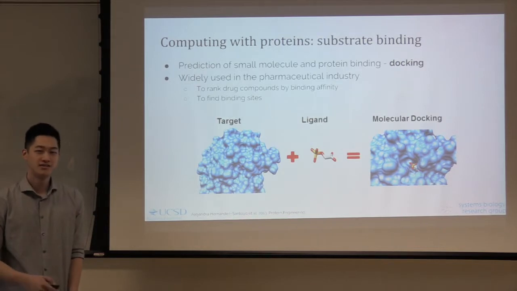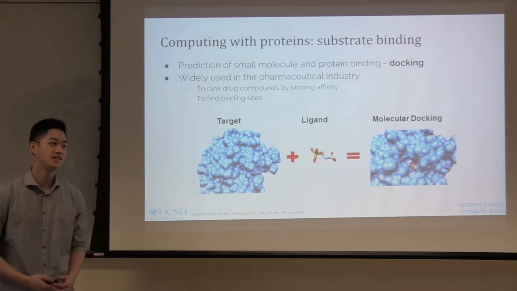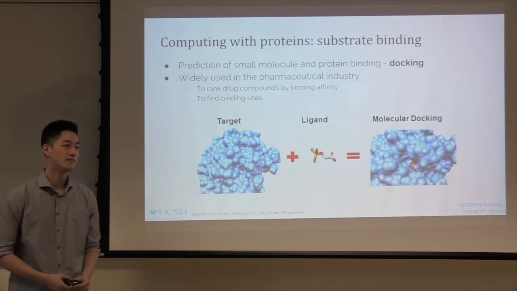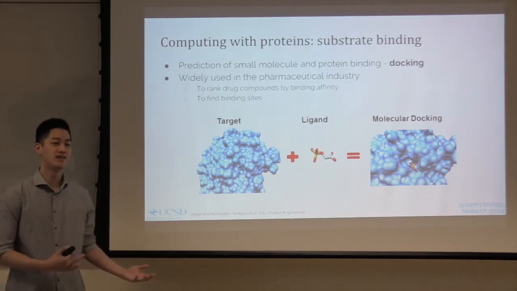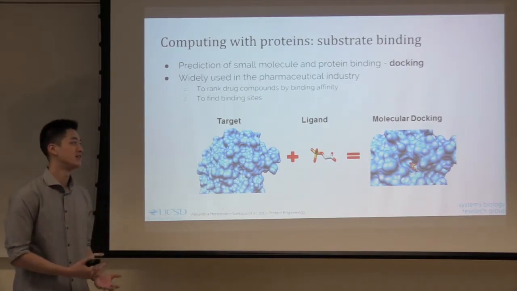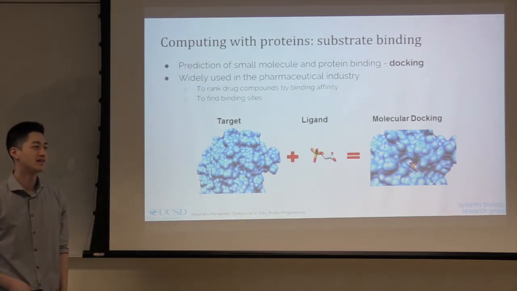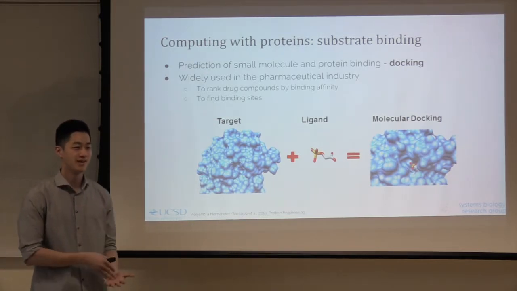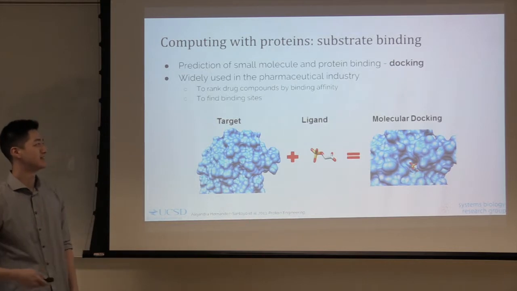It is widely used in the pharmaceutical industry because they'll have probably thousands or tens of thousands of potential pharmaceuticals, and they'll want to understand, do they even bind to our protein of interest? They'll use docking simulations to understand that and rank them, to either get their billion-dollar drug in the end, or hopefully avoid the billion-dollar clinical failure, which can also occur.